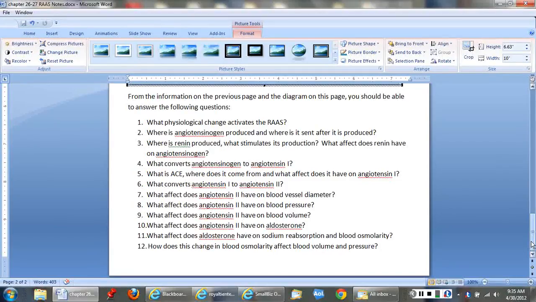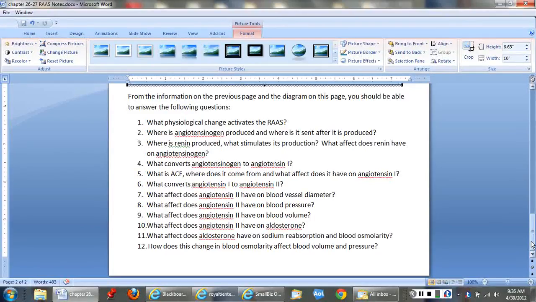since sodium is being reabsorbed at a greater rate, would that have any effect on blood osmolarity? It's going to be more concentrated, so what effect does it have on osmolarity? It increases osmolarity, okay? So whenever osmolarity increases, what happens?